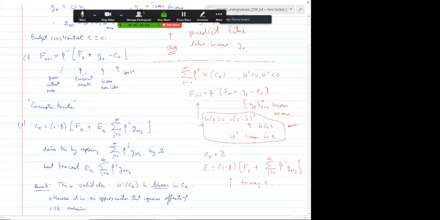Here, when yt is a random sequence, and this utility function is quadratic, the solution is to choose a consumption plan, CT, that satisfies this equation. Stare at this equation.